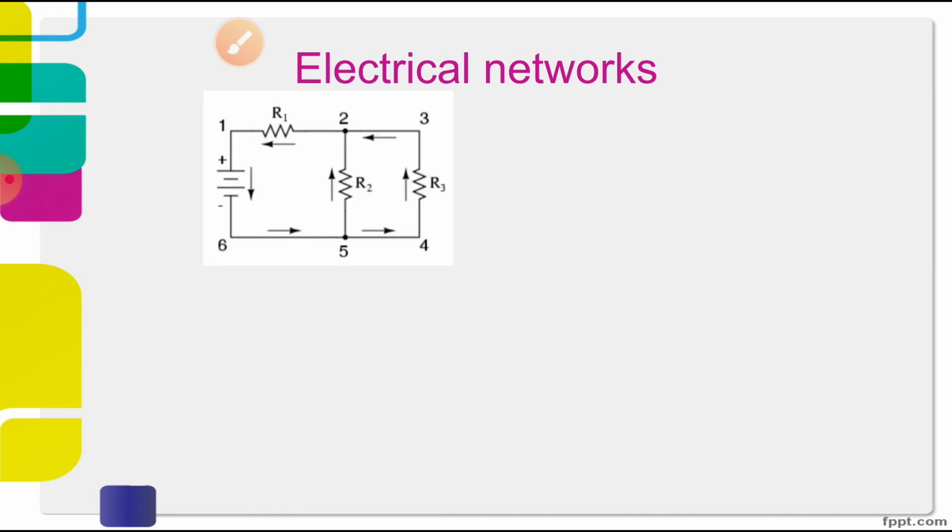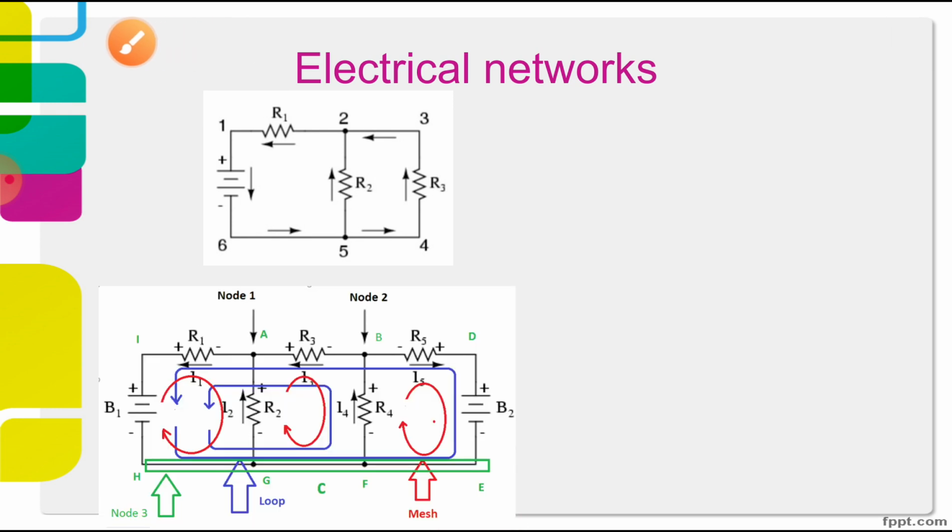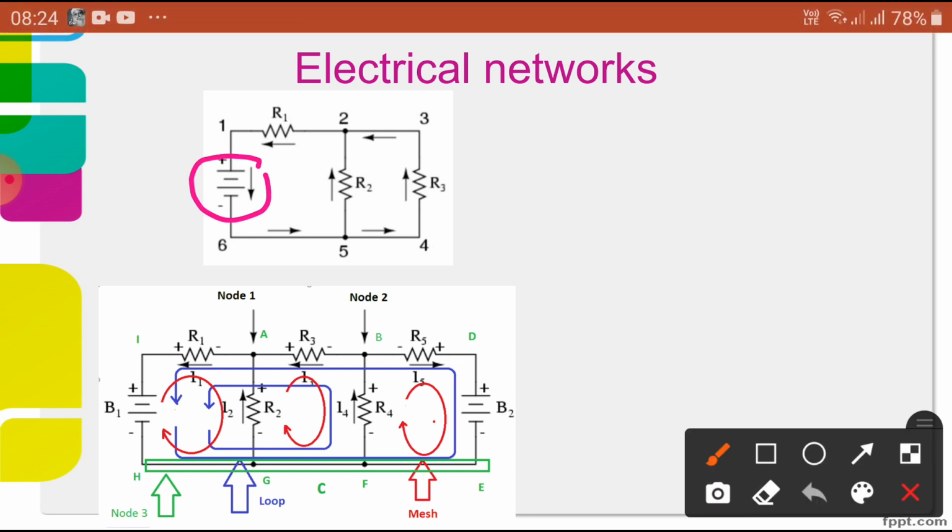This is a simple circuit where there is a source and one resistor, another resistor, another resistor. We can easily calculate it with series and parallel circuits. Based on this, we are going to calculate the current across the 2 and 3 branch or 1 and 2 branch, simply applying V equals IR.